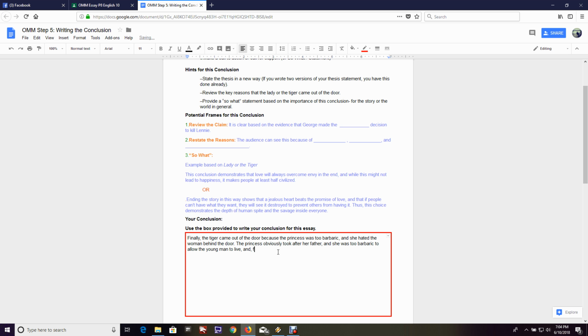And furthermore, she was extremely jealous of the woman behind the door, who was casting glances at her lover. And we can kind of leave it at that if we wanted to. I'm just going to leave it at that.